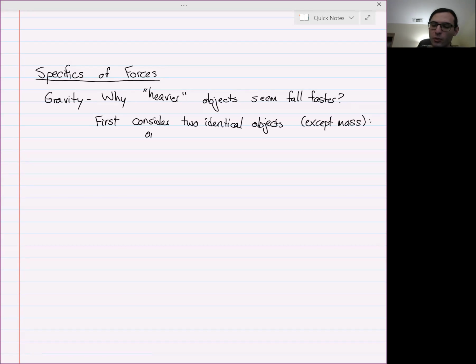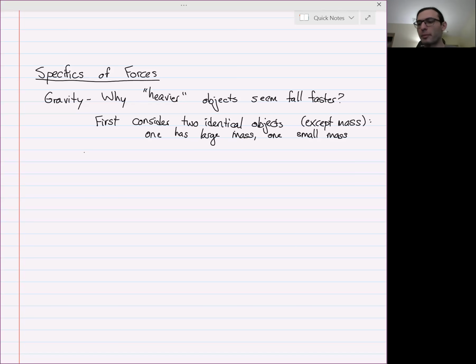But one has a large mass, one has a small mass. One way that you could run this experiment for real is to make one of your objects out of, say, plastic and another one out of, say, steel. So they have the same size and the same shape, but one would have significantly more mass.